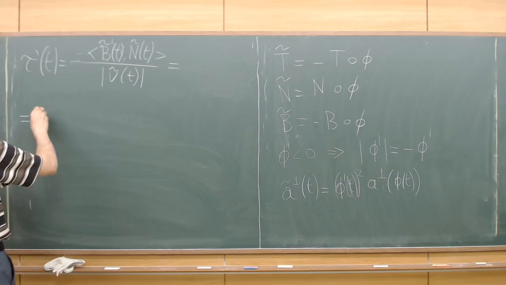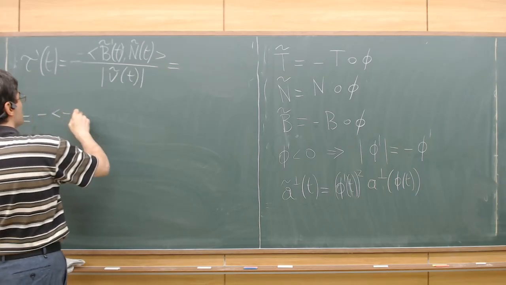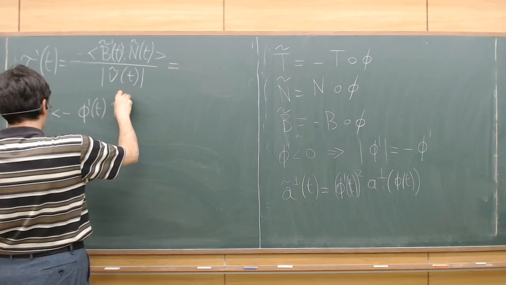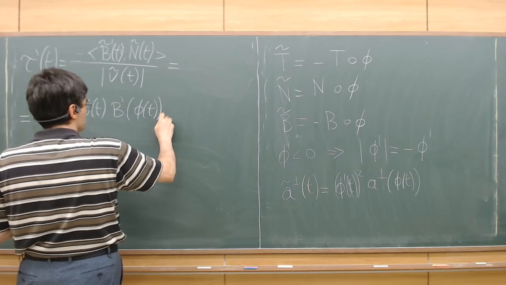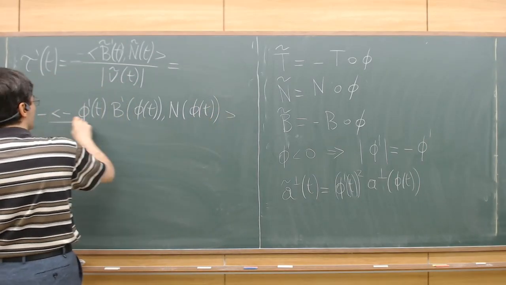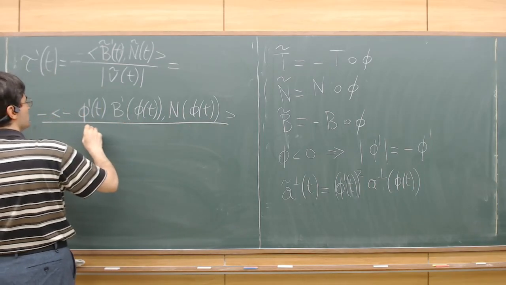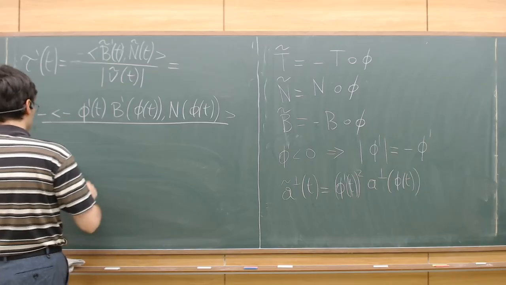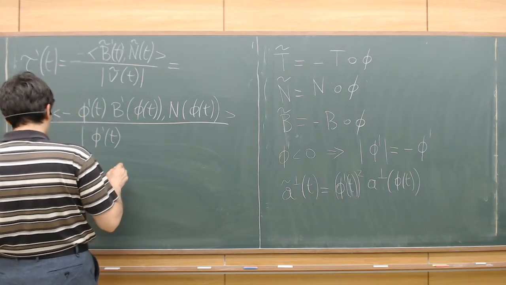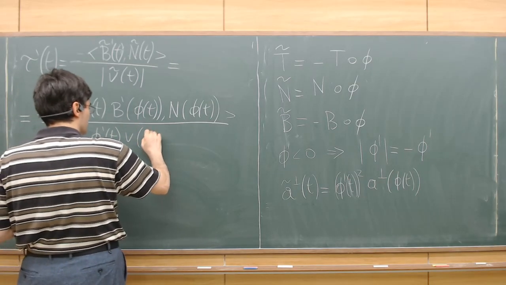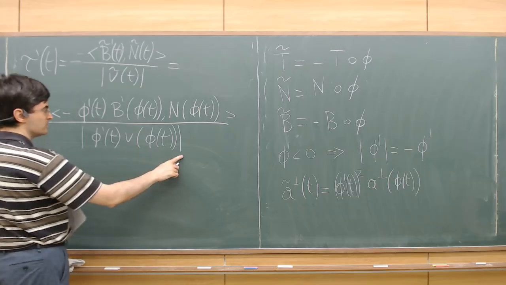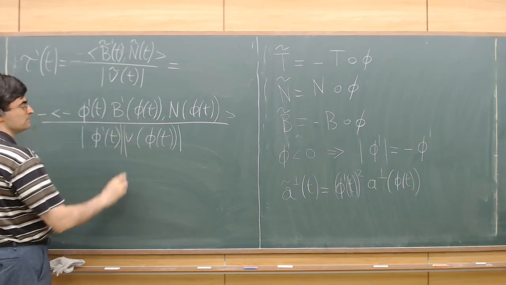So you get minus of minus phi prime of t b prime of phi of t multiplied by n of phi of t, divided by the length of v tilde of t, which is given by the absolute value of phi prime of t multiplied by v of phi of t, and once again the length of this vector is the absolute value of phi prime times the length of this vector here.